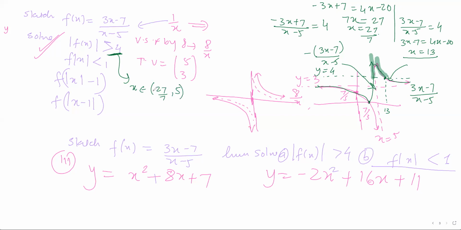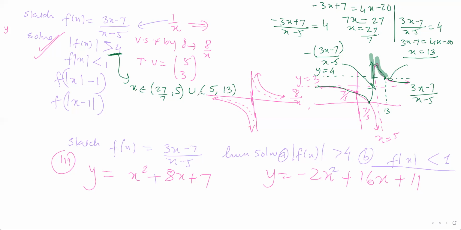Both are open brackets because it's not included here. And because of vertical asymptote, you're not including this 5. Union with 5 to 13. So this becomes the correct range where absolute value of your function is above 4. So this is how you use the graph part. This is what is expected.